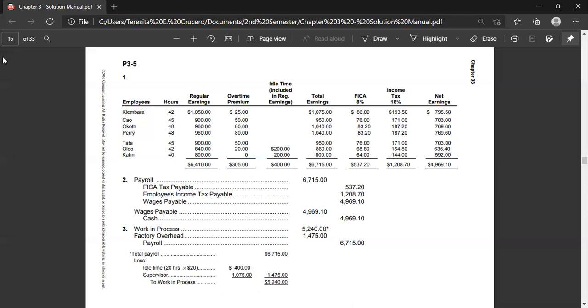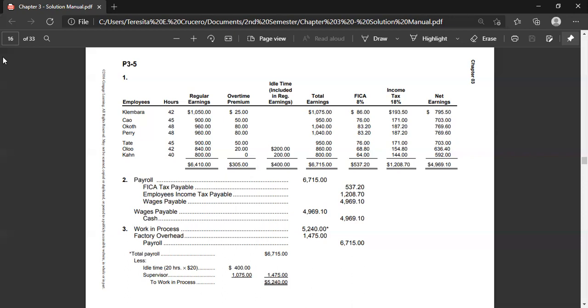So we have the total payroll, and then we have to deduct the idle time, 20 hours times 20. So we have the idle hours equal to 20 times the basic rate of 20.